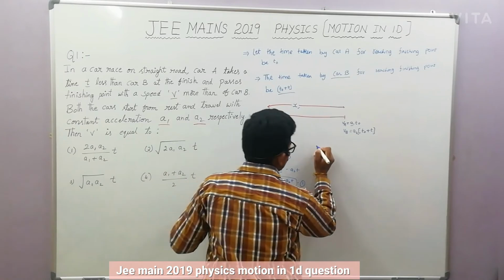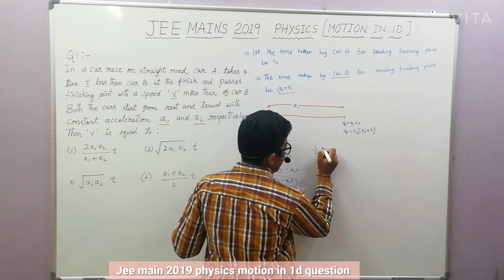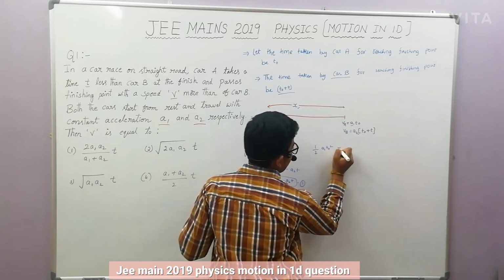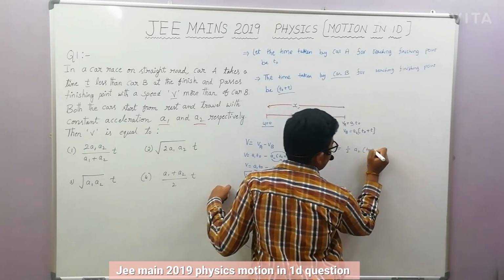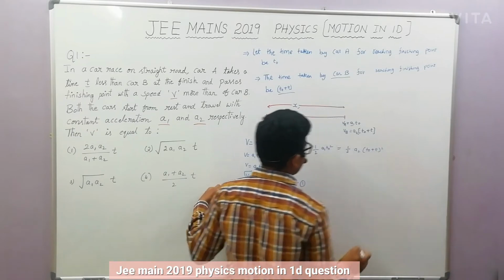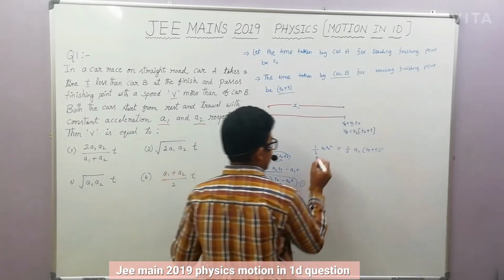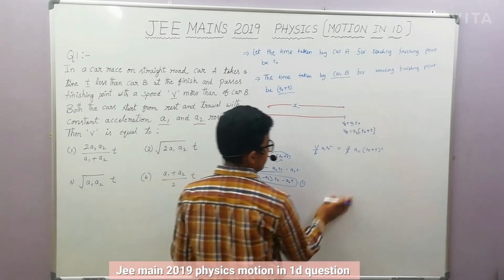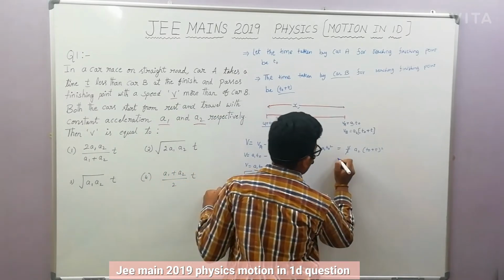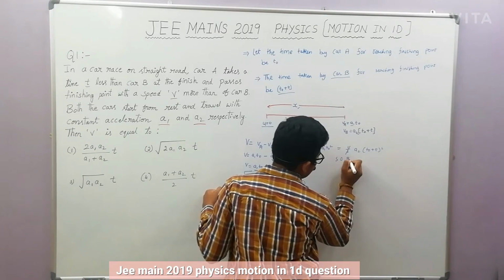Half a1 t naught square is equal to half a2 into t naught plus t whole square. From here we can say that 1 by 2 and 1 by 2 get cancelled. Then we square both sides.